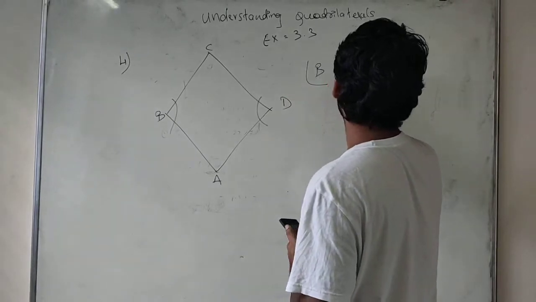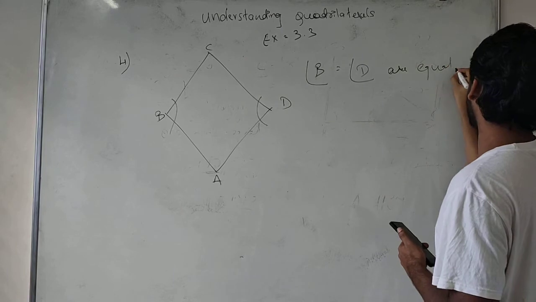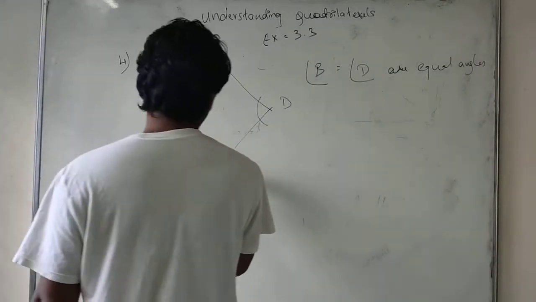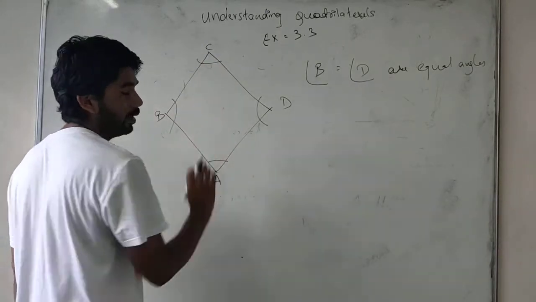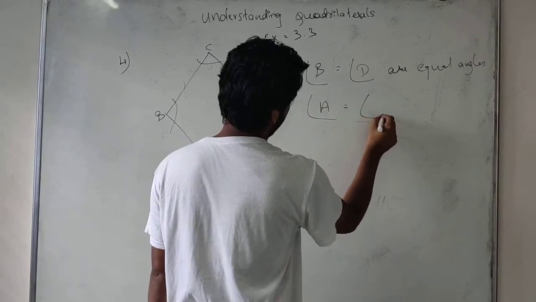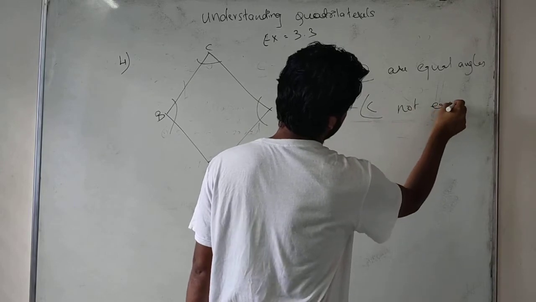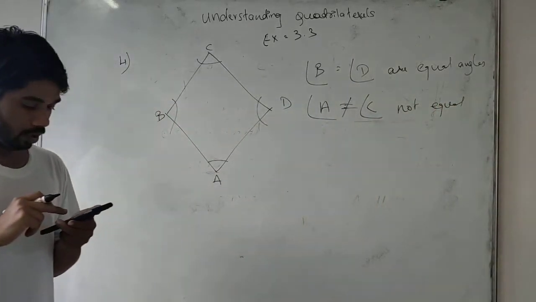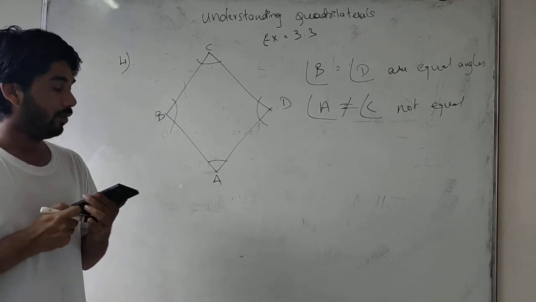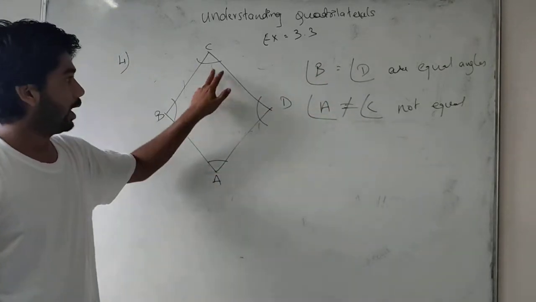Angle B is equal to angle D. Next, angle A and angle C are different, so I will say angle A and angle C are not equal. So from this figure we can roughly say that angle B and angle D are equal, and angle A and angle C are not equal.